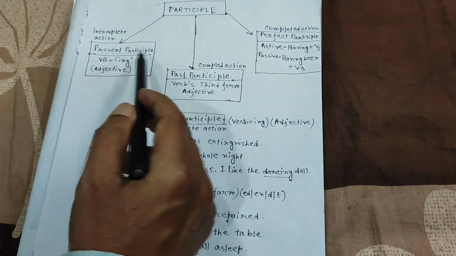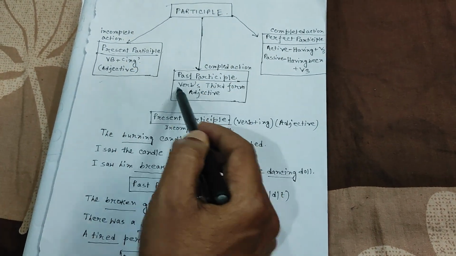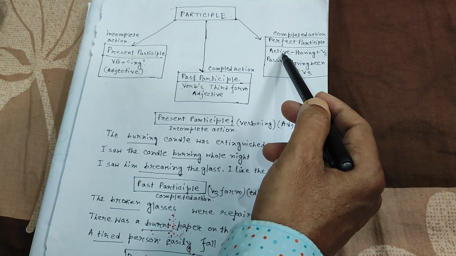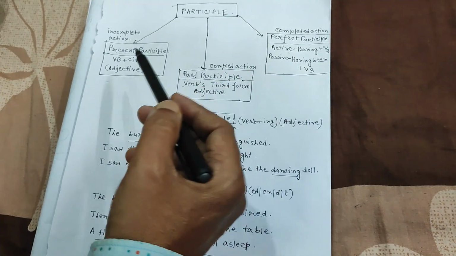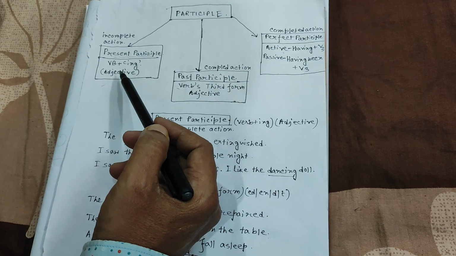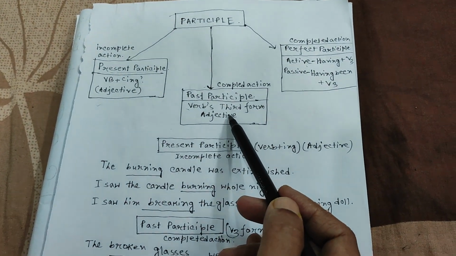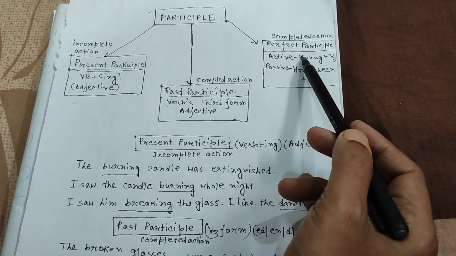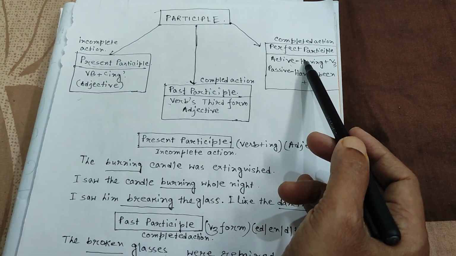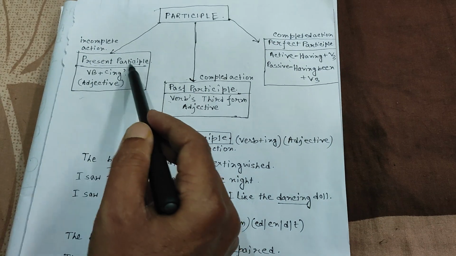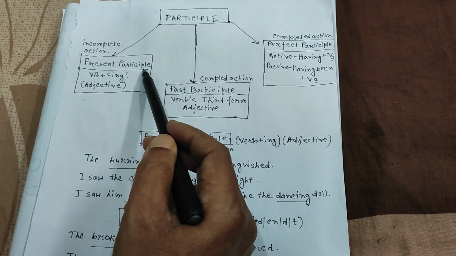There are mainly three types of participle. What are they? Present participle, past participle, and perfect participle. I talked about only present participle in my last class.